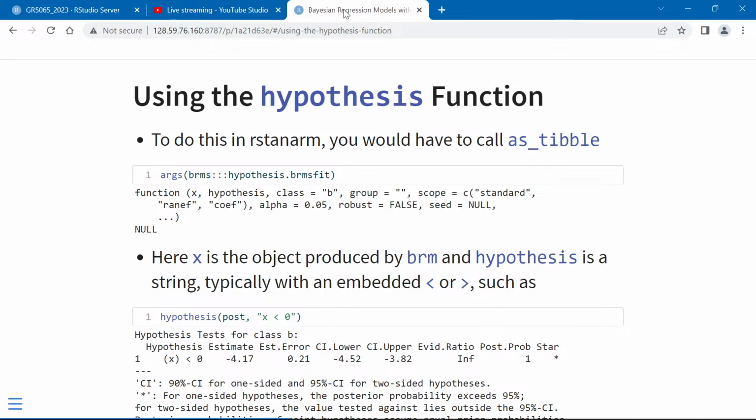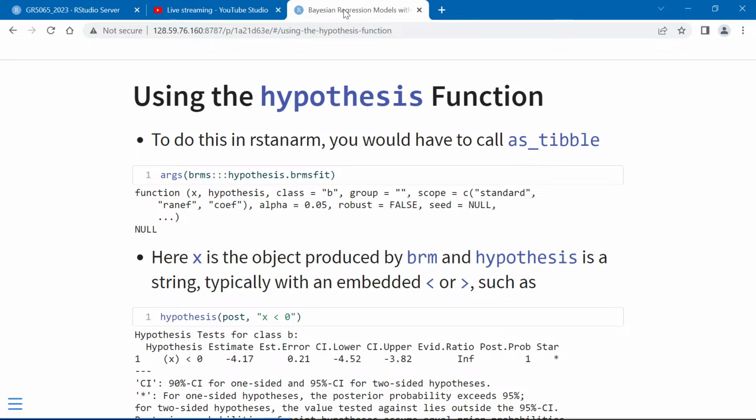I think if the post-prob was like 0.89 or whatever, this might be a dot instead of a star, which is like part of a star except without the arms to it. So this is not doing anything that you haven't seen before. It just has a specific function to do so.